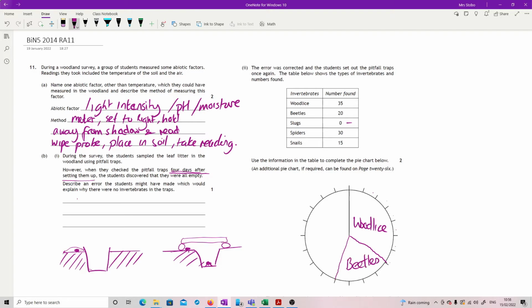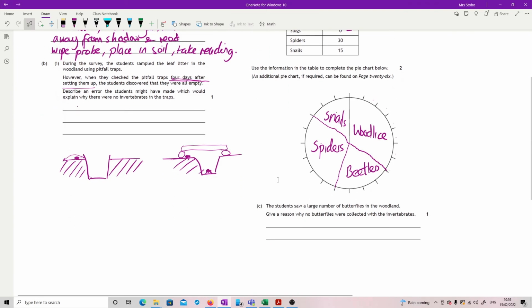And then I've got spiders, that's 30, so 1, 2, 4, 5, 6 round. Oh, very, very wobbly. Spiders. And finally, you've got snails in here, with 15, so 3 spaces. You would get 1 mark for doing the divisions. Doesn't actually matter what order you put them in. And then 1 mark for having labels on there. It's okay, just do it neatly. Those divisions would not be neat.